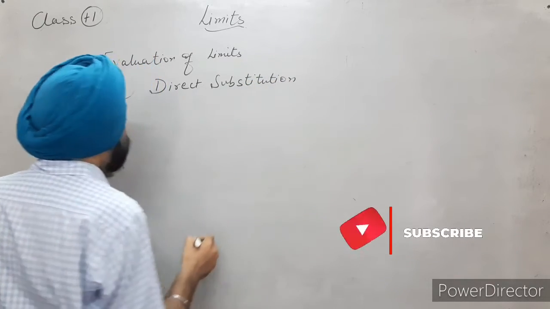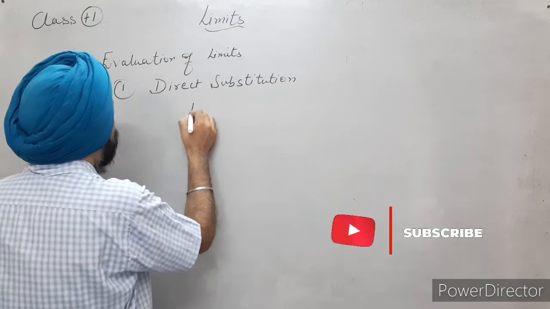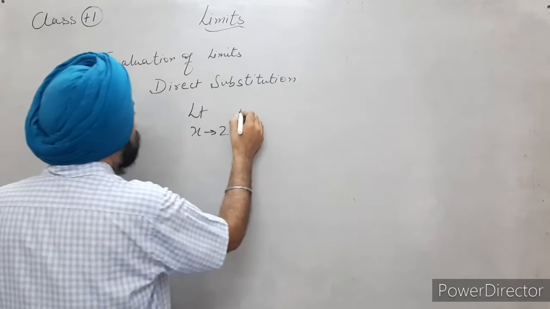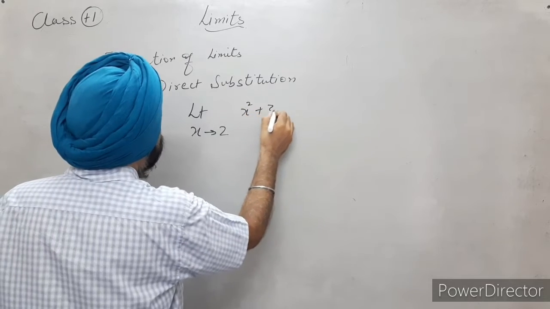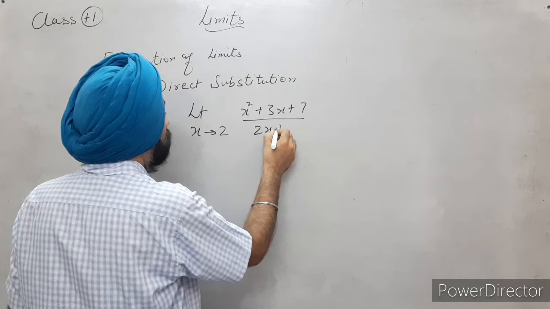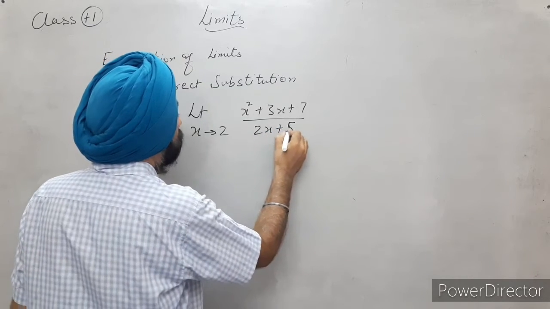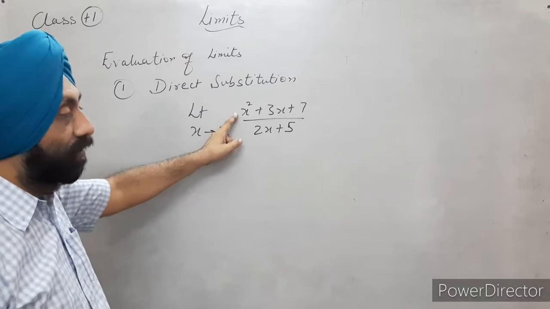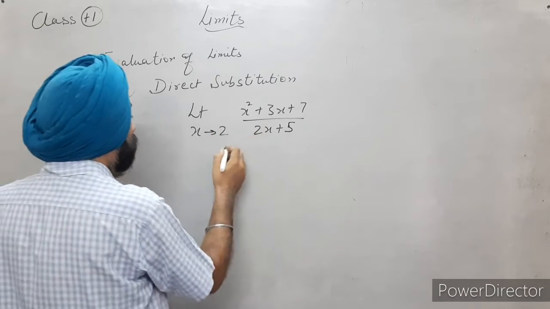Say I have limit x approaches 2 of (x square + 3x + 7) divided by (2x + 5). Now directly substitute the value of x as 2 to get the answer.